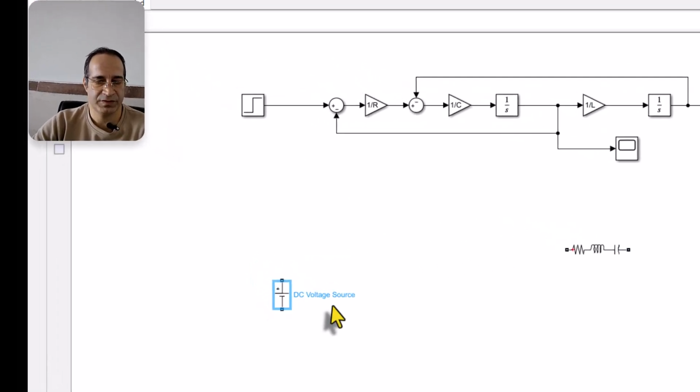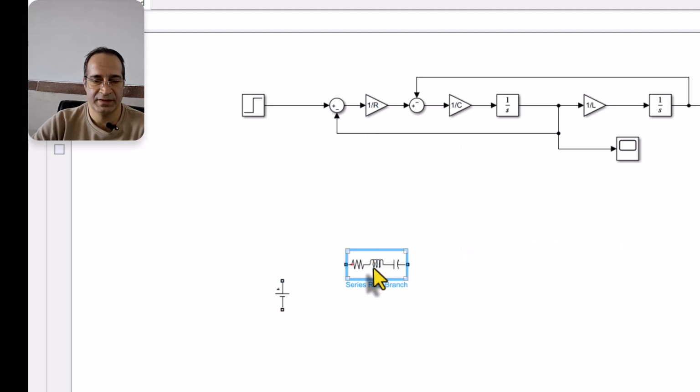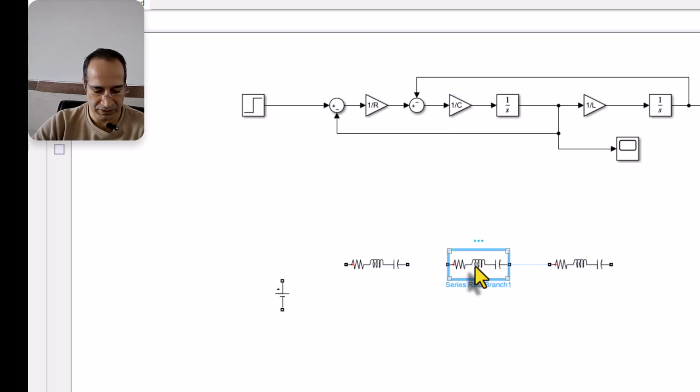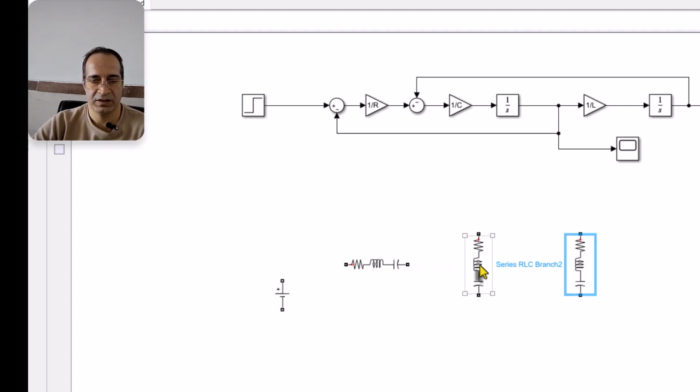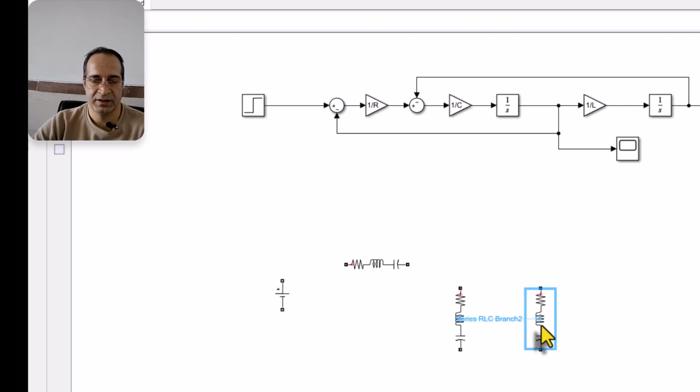I put the input voltage and then make a copy like that. Turn this, for example, and this rotation. This is L and this is C.